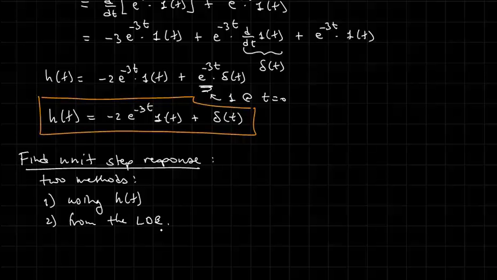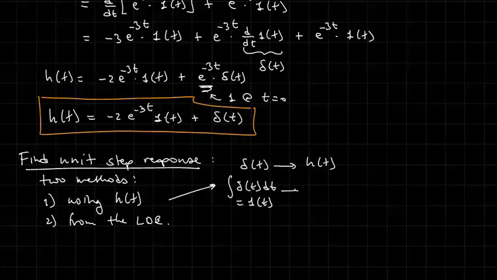In the first method, if you put in an impulse, you get the impulse response. If you put in the integral of the impulse, which is the unit step, then you get the integral of the impulse response, which is the unit step response.